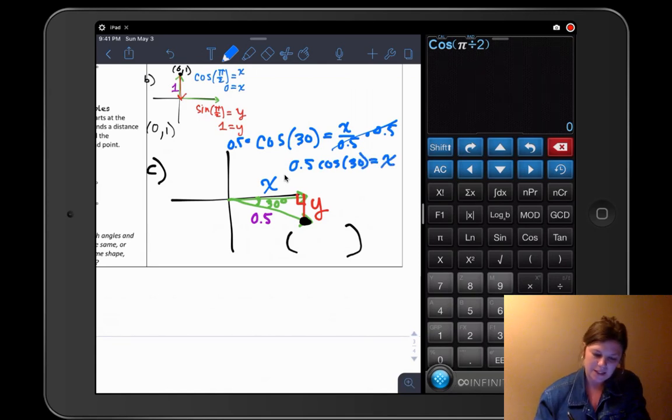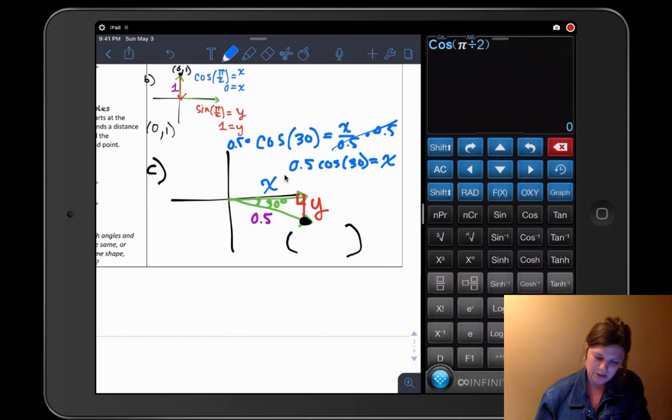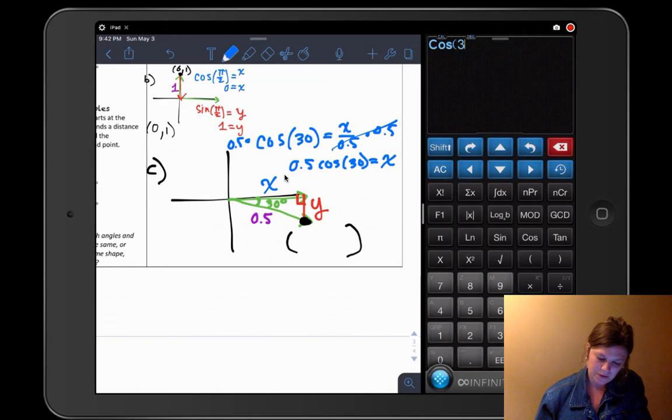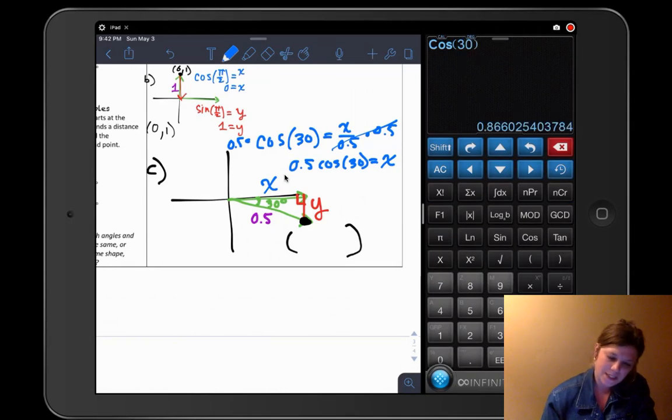Okay, let's see. We are using degrees. Make sure you're in degrees. We're going to go to cosine. Cosine of 30. And I got 0.87. We're going to round to the hundredth. 0.87 is equal to x.